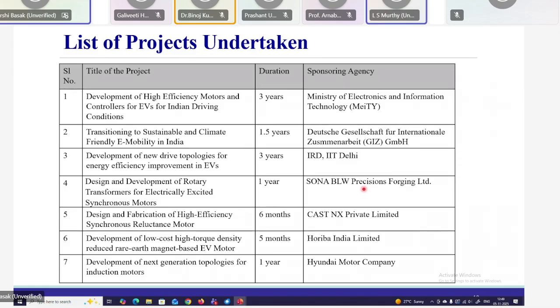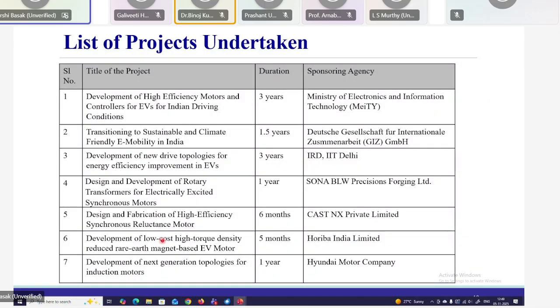Then I had already mentioned that with the help of Castanex, we are developing the switched reluctance motor. Then it was funded by Horiba, and we developed a prototype of an IPMSM to reduce the rare earth content of the interior permanent magnet synchronous machine.